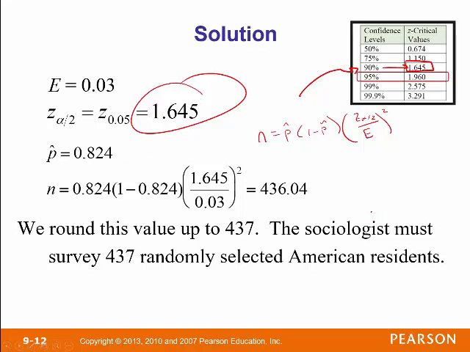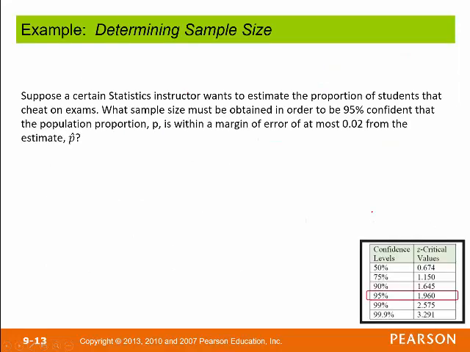All right, so let's do an example where you're not given the previous estimate. A certain statistics instructor wants to estimate the proportion of students that cheat on exams. What sample size must be obtained in order to be 95% confident that the population proportion is within a margin of error of at most 0.02 from the estimate p hat?